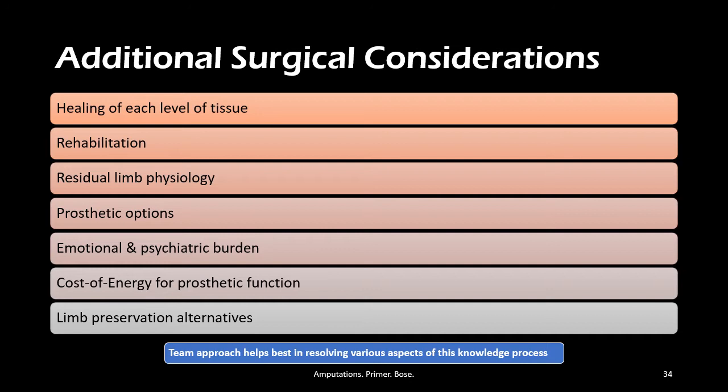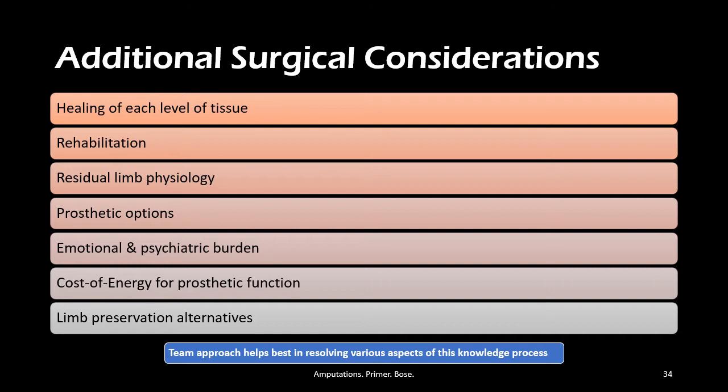You will see that residual limb physiology, prosthetic options, and emotional status of the patient are considered. And one important consideration is the cost of energy for prosthetic function. If prosthetic function is being undertaken, is the patient appropriate for future prosthetic fitment?